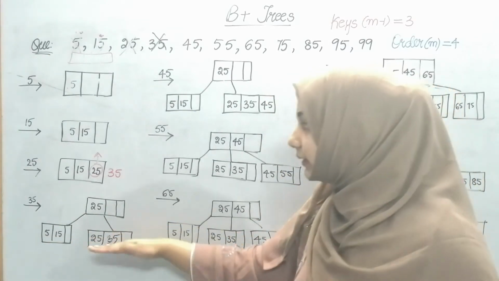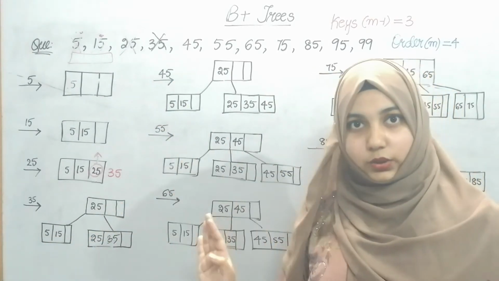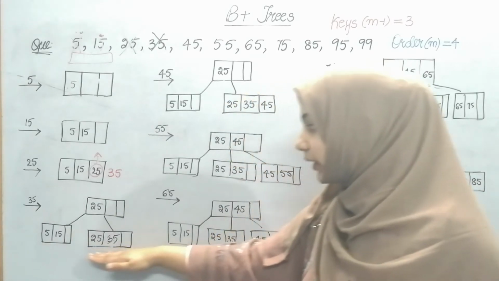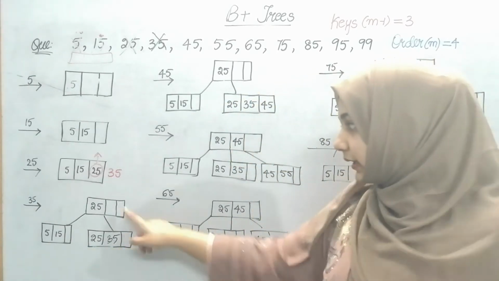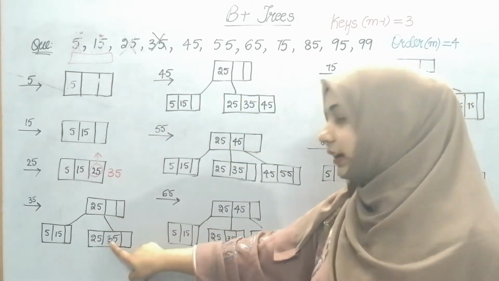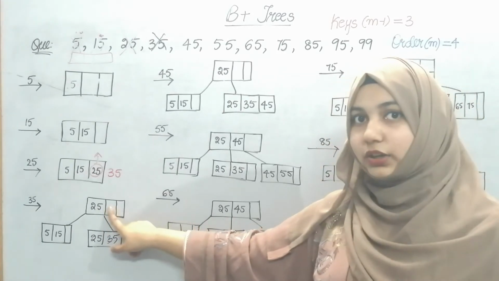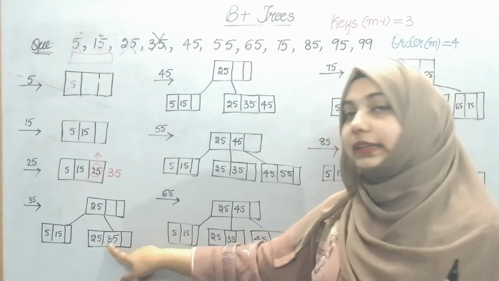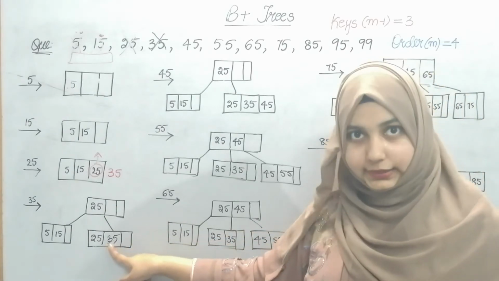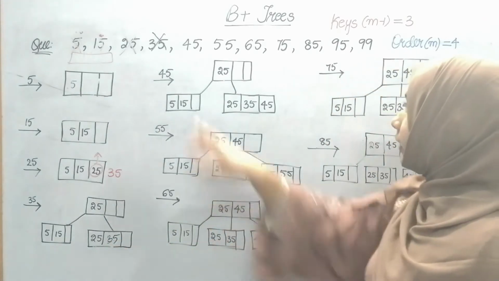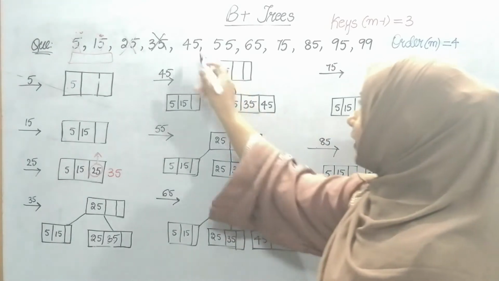If overflow happens, then the element will go up. Otherwise you are only going to insert in the leaf nodes. We will not insert here, we will insert here. Okay, for 35 there is space here, but we will not insert here. We will insert in the leaf node. Okay, clear? So now 45 is also done.